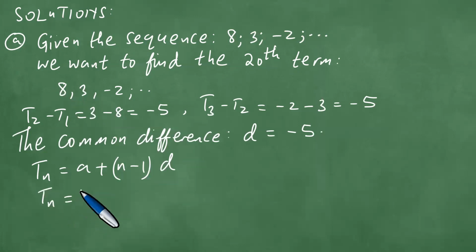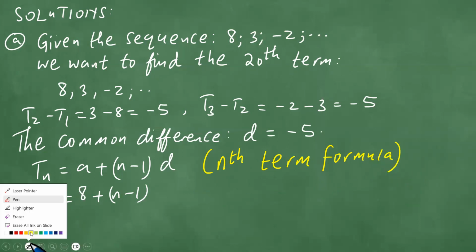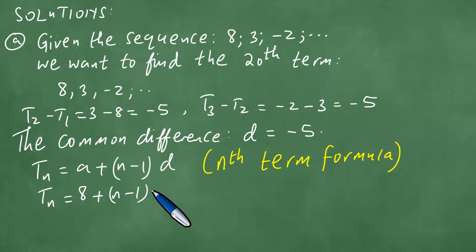The first term is 8. We just substitute. What formula is this? This formula here is called the nth term formula.